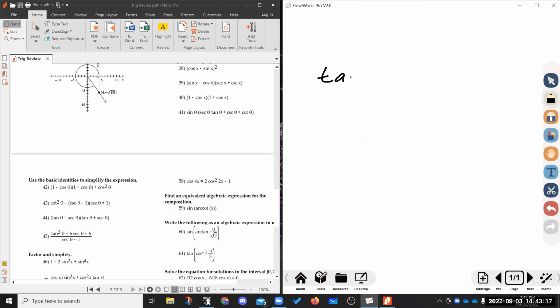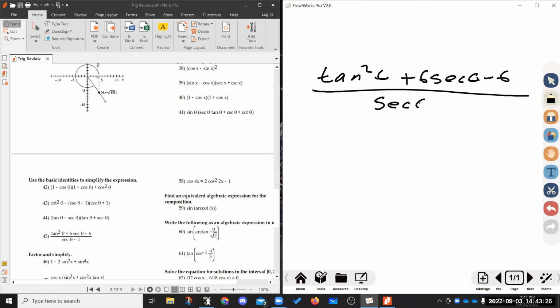Now we have tangent squared of theta plus 6 secant of theta minus 6 over secant theta minus 1. Watch out when you have these quadratics that the middle term without the exponent is going to tell you what your quadratic has to be in terms of. So I'm going to have to change these tangent squareds into secant squareds by knowing that 1 plus tangent squared is equal to secant squared.